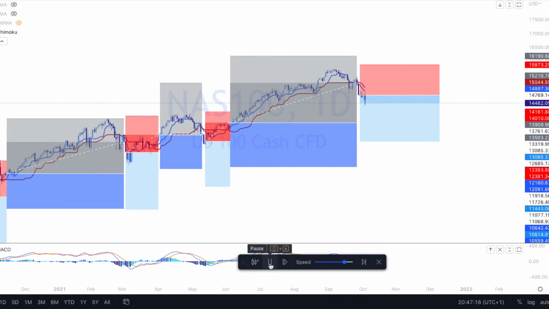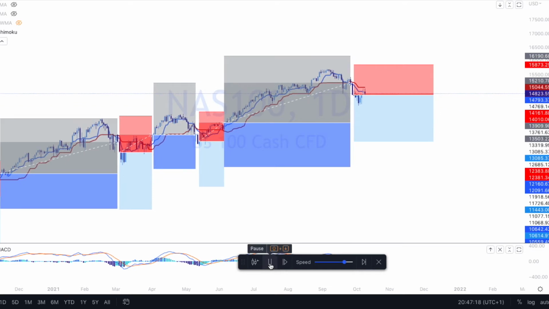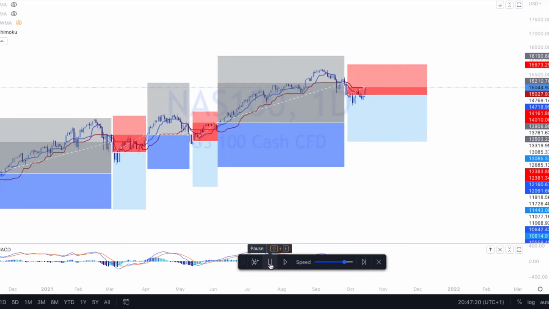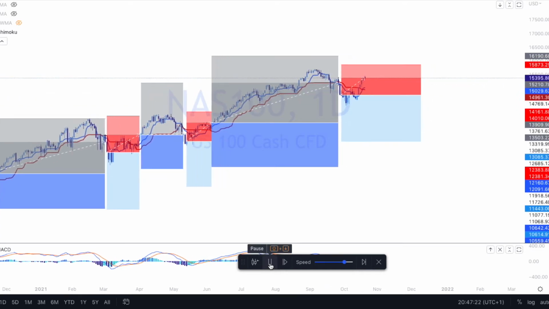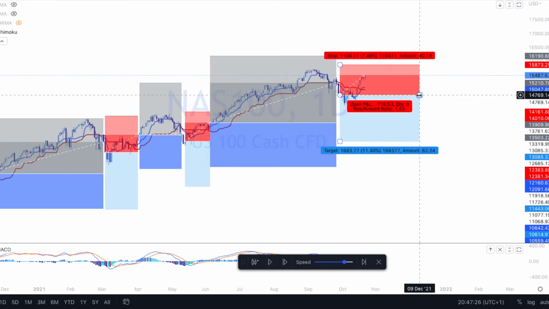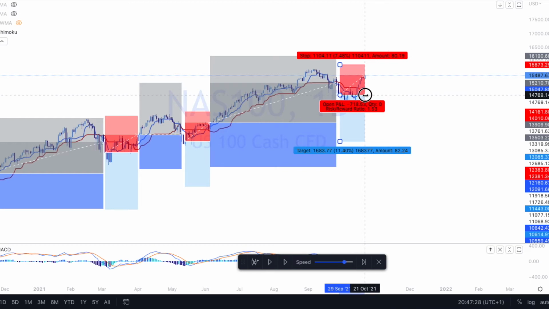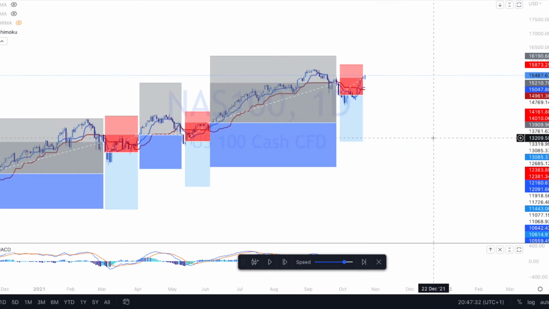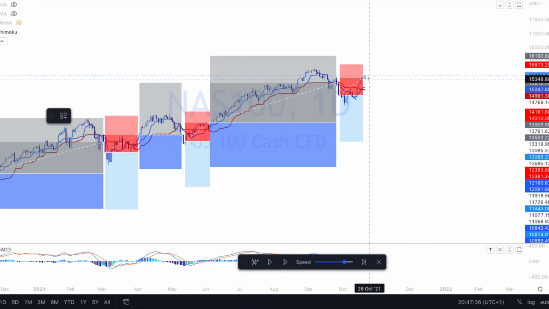Let's go. And it's crossed. So now we're out of that trade. Then we jump back in again with a buy.